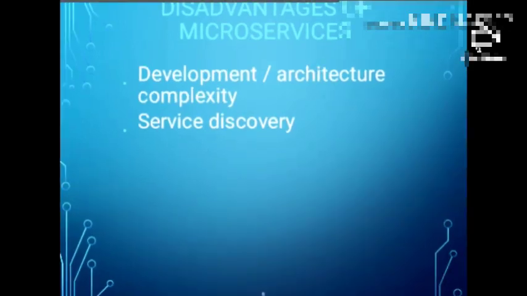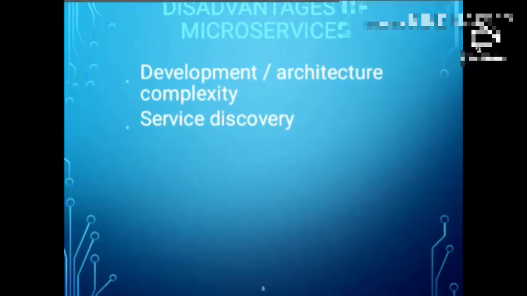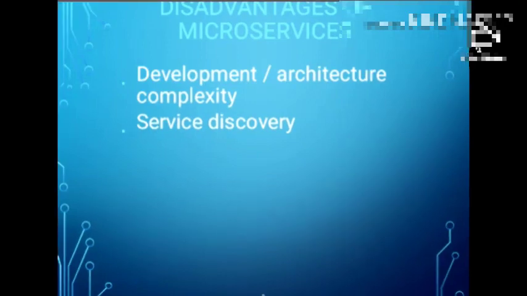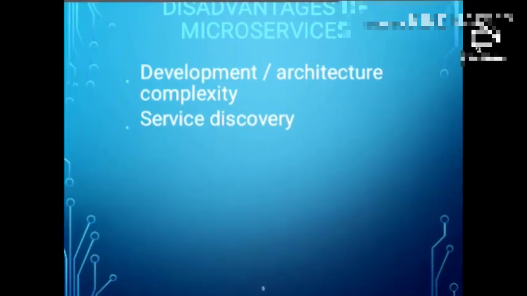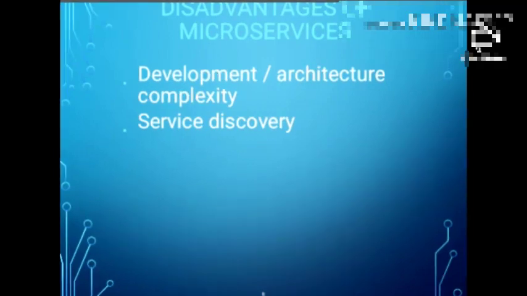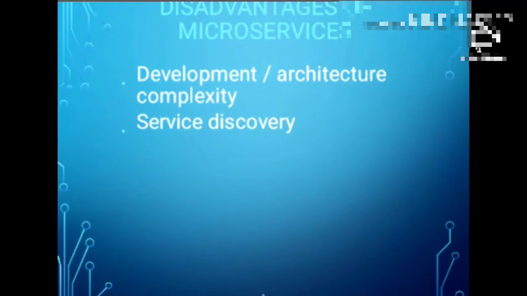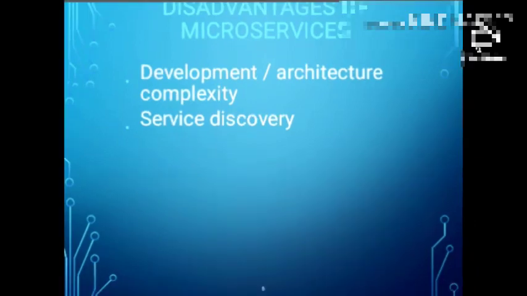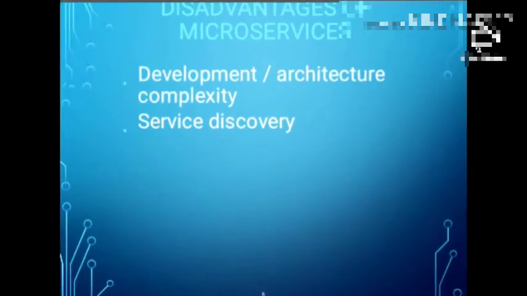The second disadvantage of microservices is what I call service discovery. Service discovery means how you can make your microservices call each other. Because back then when we were using monolithic architecture, there was something called host services. Host services call each other.